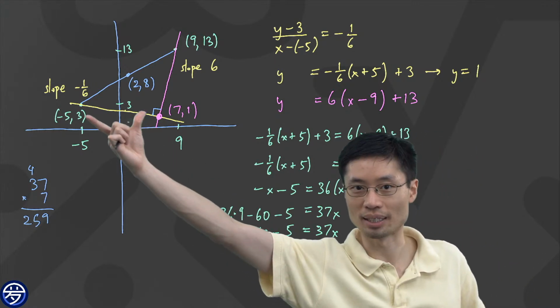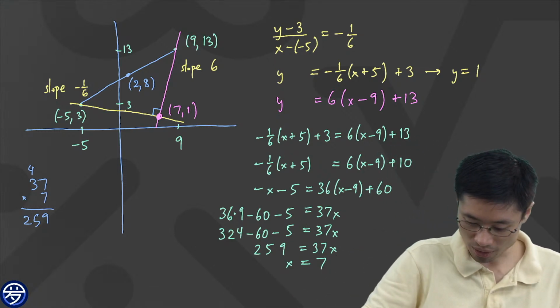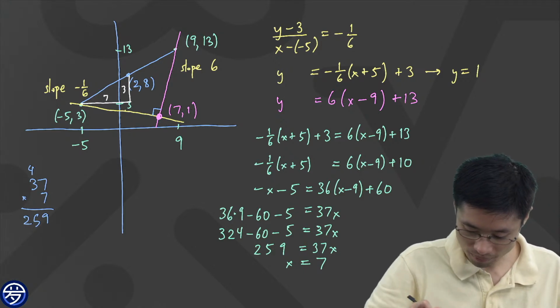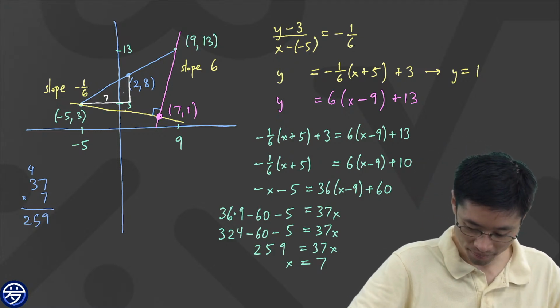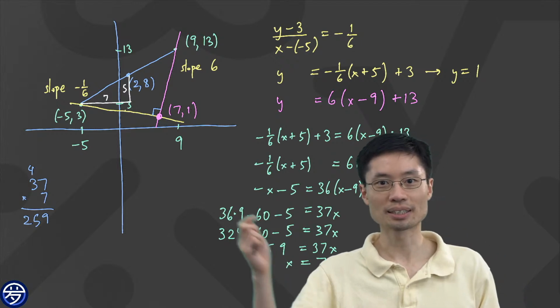Instead, I can draw something. If I want to go from here to the center, I go over by 7, and I go up by 5. Did that make sense?